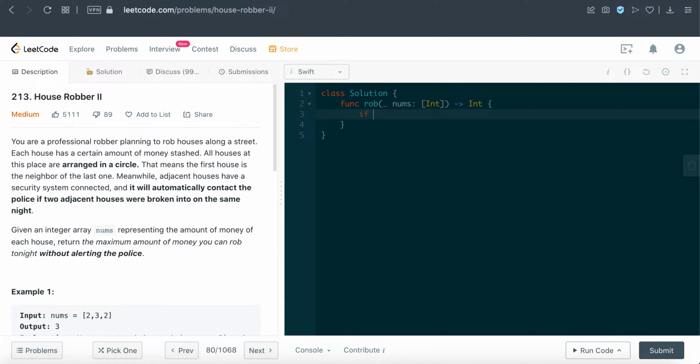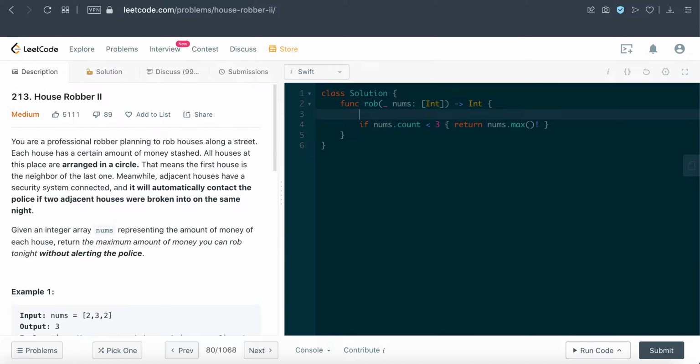As always, I'm going to create a condition to exit as fast as possible, for a tiny improvement in code performance. If the number of houses is less than 3, we can just return the maximum money from the given array.